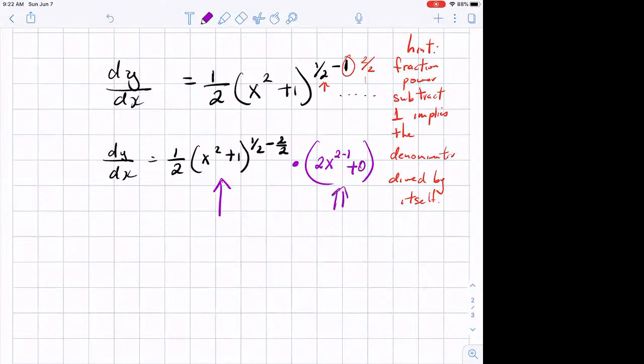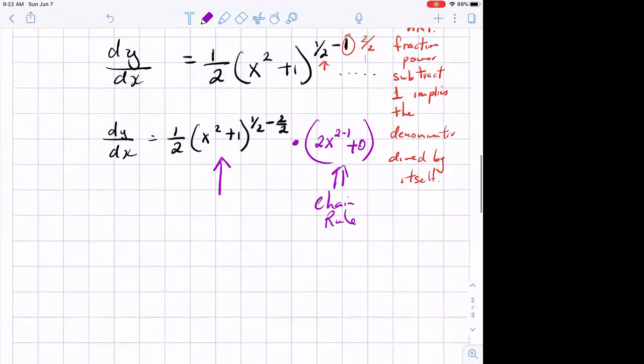This here is the chain rule. Okay? So the chain rule is sort of like a link. That's why we call it the chain rule, link. Okay? So you're not only taking the derivative of the product, you have to take the derivative of the inside here.